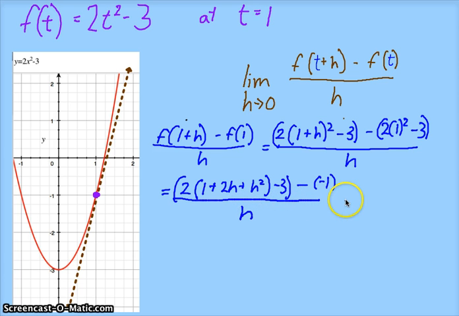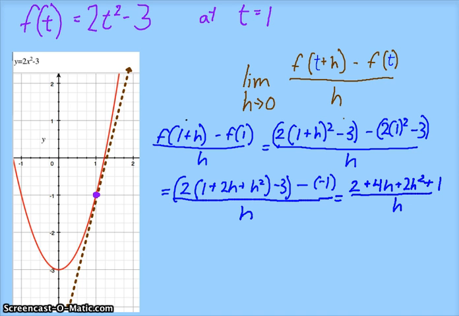Now I'm going to simplify this, using the distributive property. I have 2 plus 4h plus 2h squared, and hoping you're agreeing this is plus 1, over h.